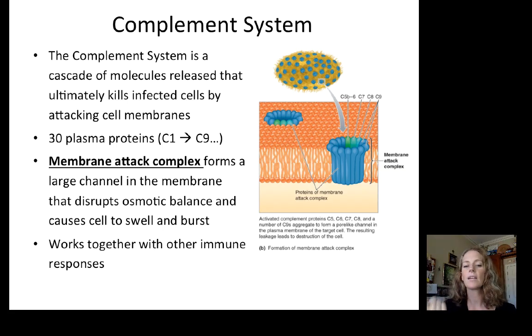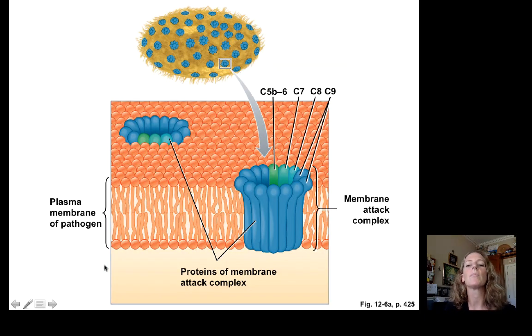Complement system, complement proteins, membrane attack complex. This forms a big channel in the membrane, and that disrupts the osmotic balance in the cell. So the cell is going to lyse and die. Complement's going to come up at the end of the lecture today because it also works together with other immune responses. Here's a zoom in of that membrane attack complex that pokes holes in those cell membranes.